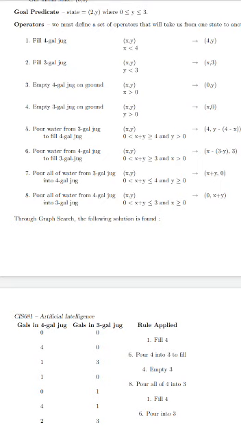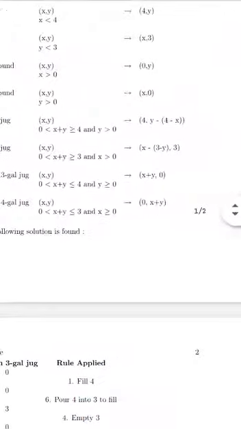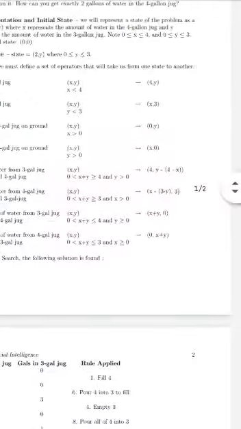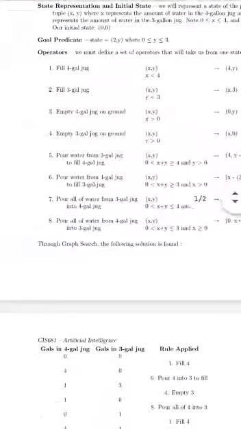Last but not least, pour all of the water from the 4 liter jug into the 3 gallon jug. We transfer all water from X into Y, so the operator is (0, X plus Y). Here 0 indicates there is no water in X, and X plus Y is the water in Y. This is the 8th operator.